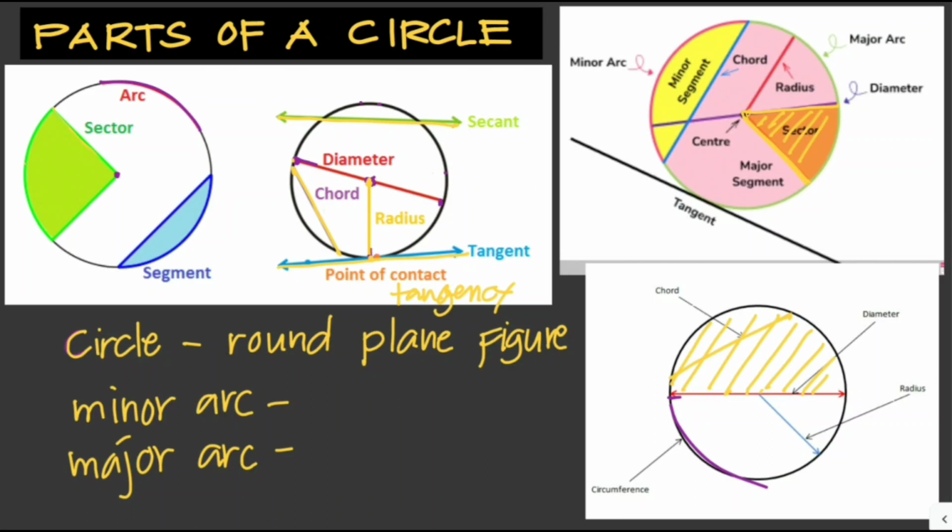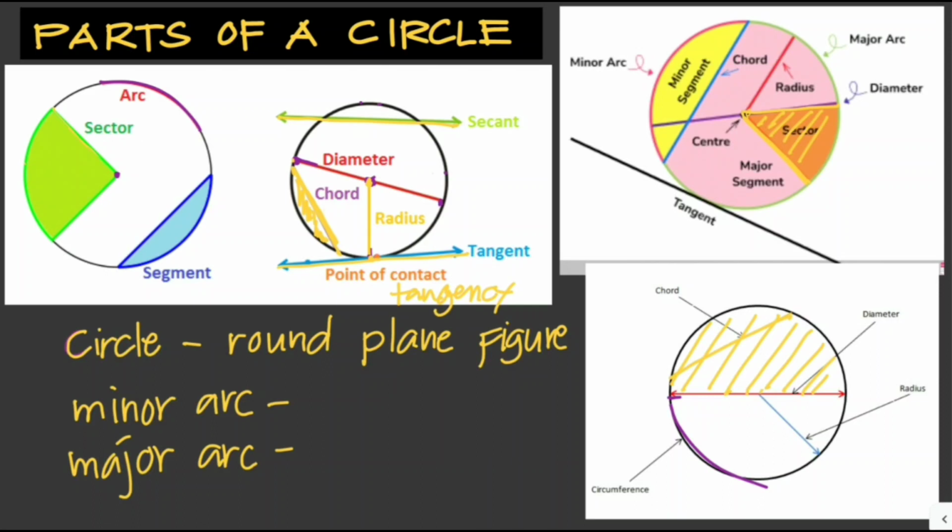And then we have the segment. The segment of a circle is a section of the circle created by a chord. So this is our chord here. This section here of the circle created by this chord here is called a segment.